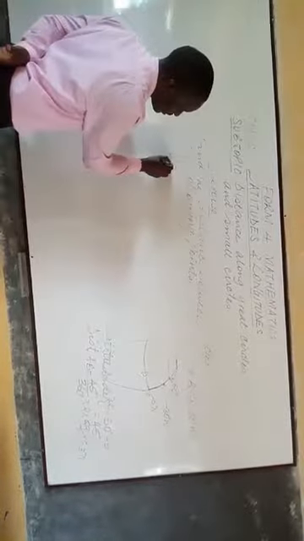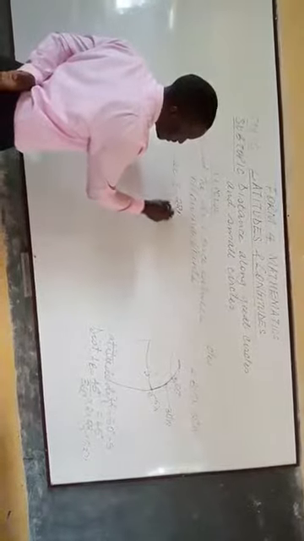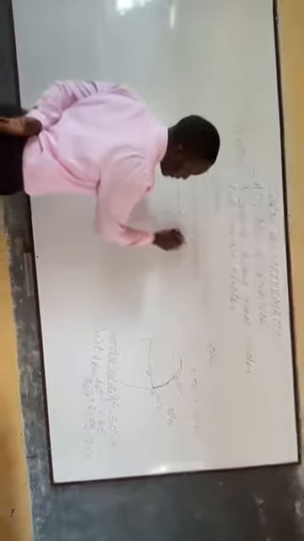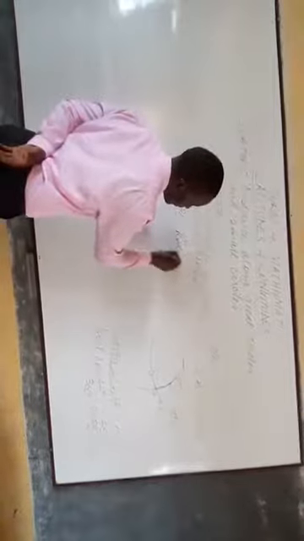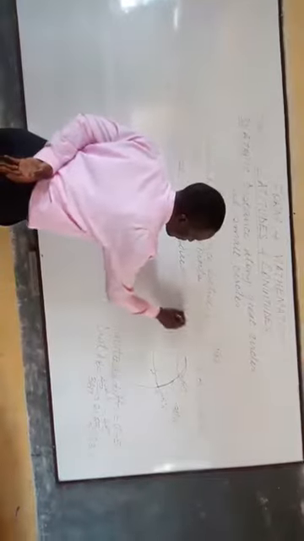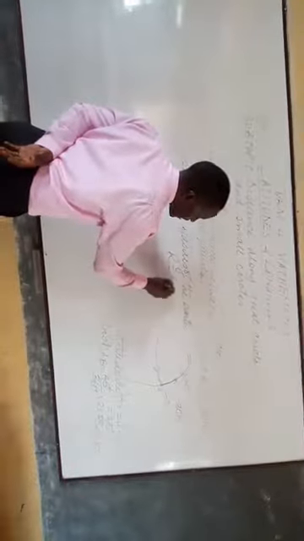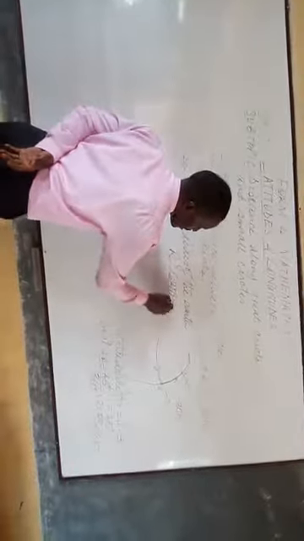Of course, use pi as 22/7 and the radius of the earth, that is R, as 6,370 kilometers. So I'm going to give you 4 simple questions.